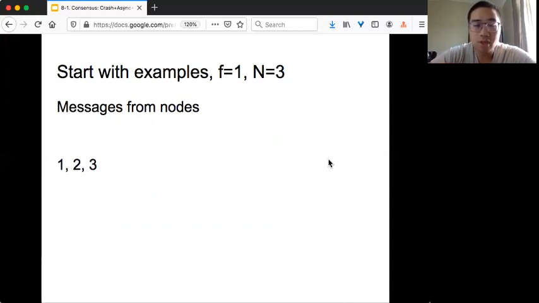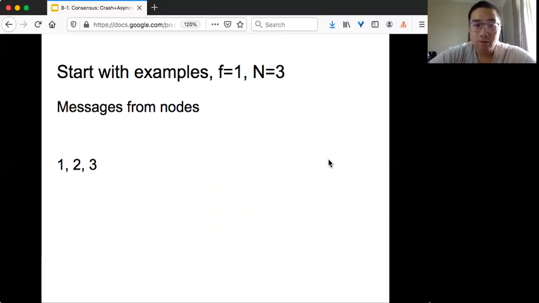So usually I recommend you start with the simplest example. If I start with f equal to 0, that means you are going to wait for everything, so that's trivial; there's nothing to show. So what is the smallest example that you can use? It is f equal to 1 and n equal to 2f plus 1, so you have n equal to 3.